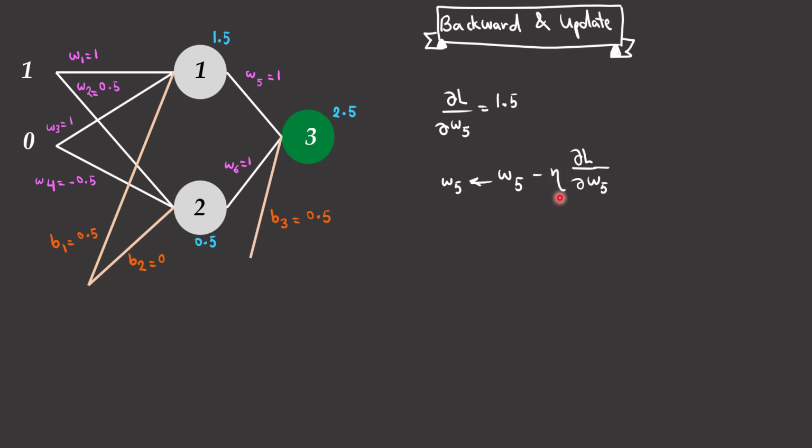And common values for the learning rate are, for example, 1 divided by 10, 1 divided by 100, 1 divided by 1000, and so on. And also remember that this eta is a hyperparameter. And what do I mean by hyperparameter? I mean this is a parameter which is going to affect the algorithm, and you as the data scientist should choose the proper value for this parameter.